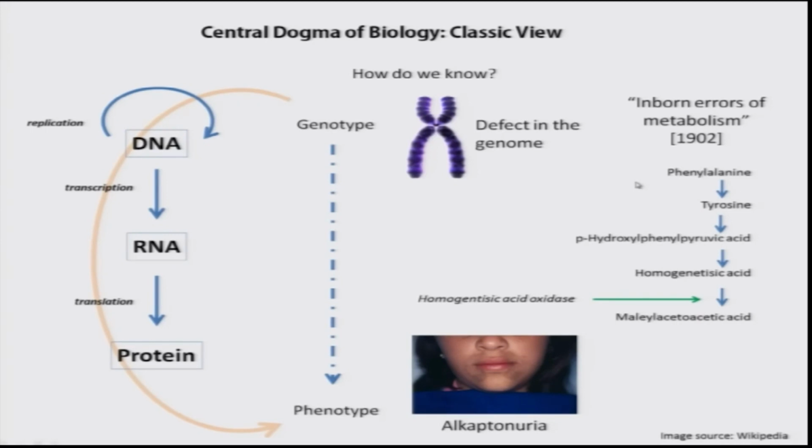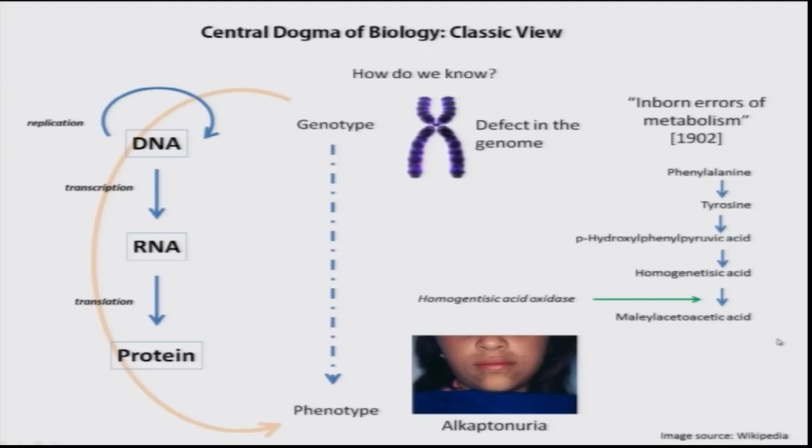The excess would need to be metabolized, and that happens, for example, in the pathway that is shown here. There are enzymes that convert, for example, phenylalanine to tyrosine and so on, and one particular enzyme shown here, homogentisic acid oxidase, helps in the conversion of homogentisic acid into the other compound shown below.